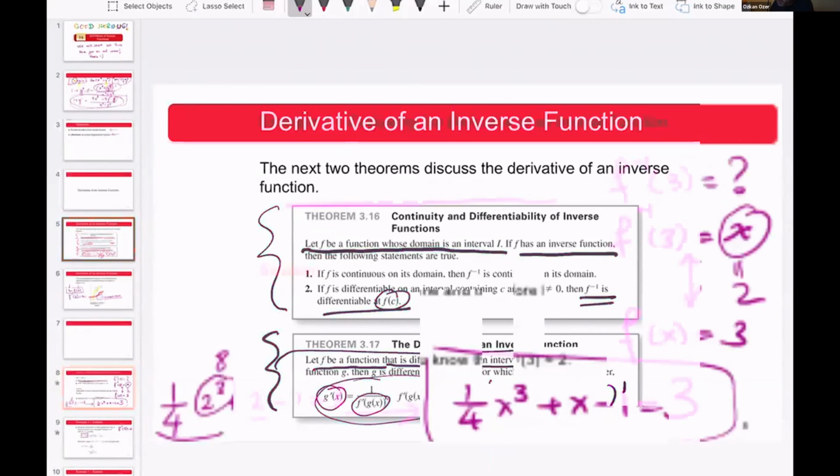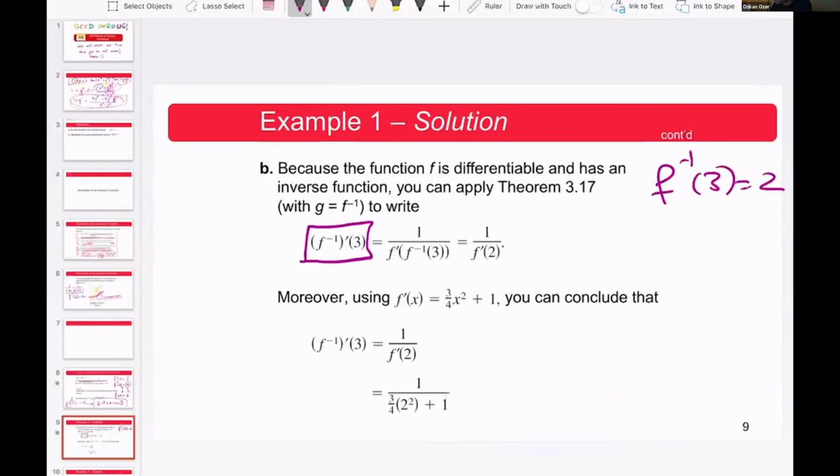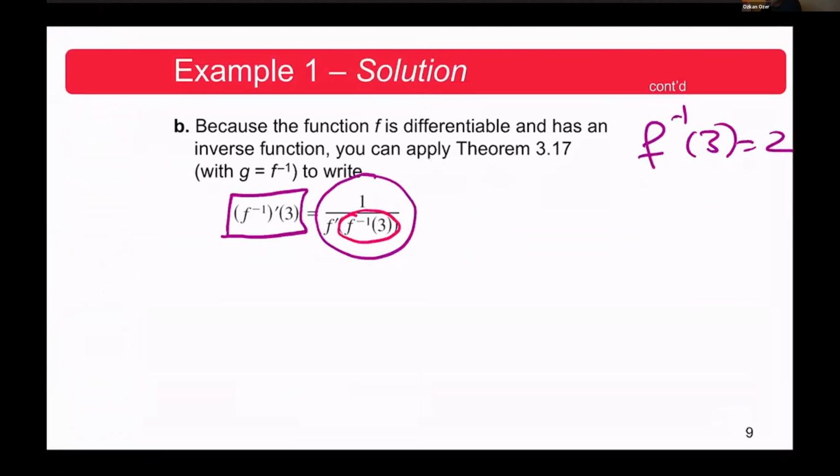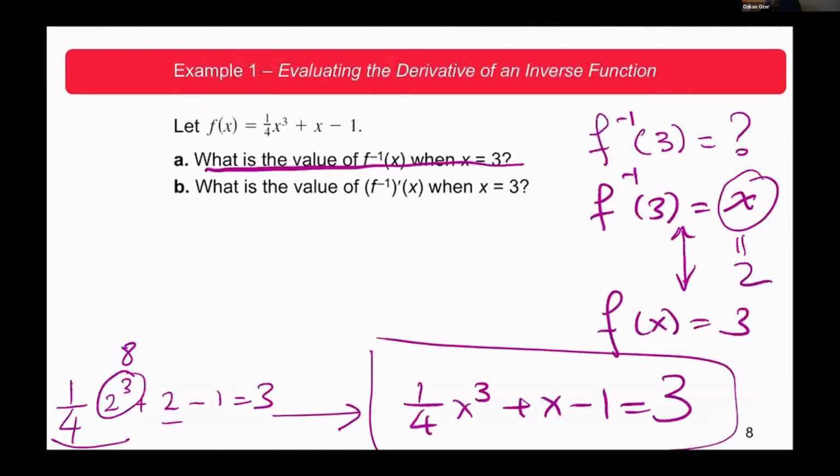The point of consideration is 3, so it's going to be 1 over f prime of f inverse of 3. Well, f inverse of 3 is found to be 2. So all I need to do is calculate f prime at 2 to finalize this whole process.